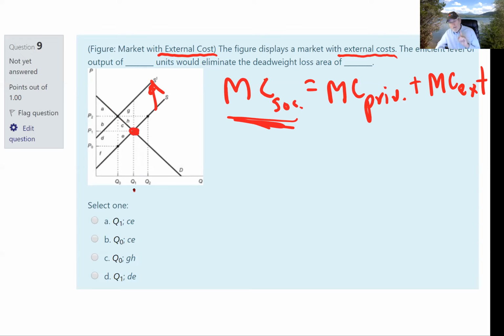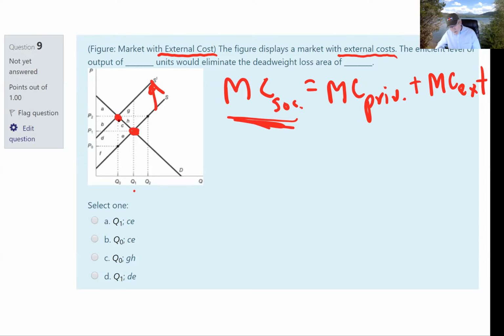The efficient quantity is always at the intersection of, in this case, demand and the marginal social cost curve, which is represented here.